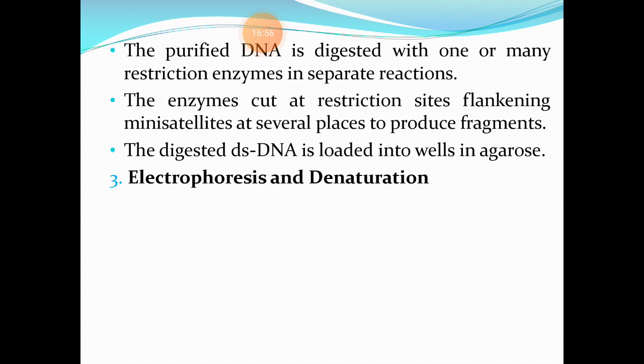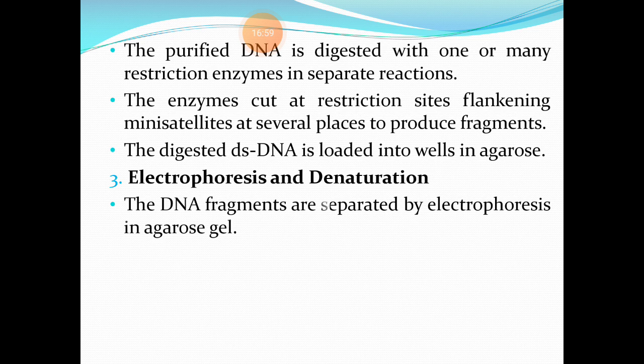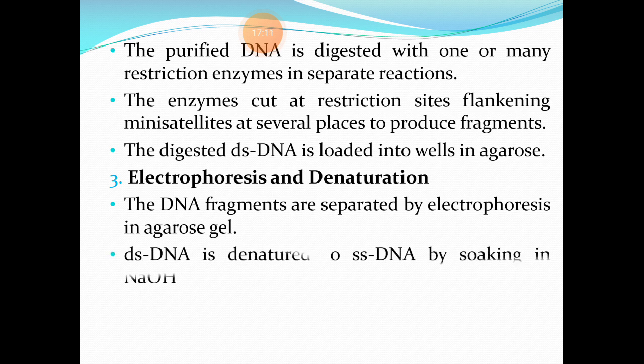Then, the third step in the protocol is electrophoresis and denaturation. The DNA fragments are separated by electrophoresis in agarose gel. Then, double-stranded DNA has to be denatured to single-stranded DNA by soaking in NaOH.